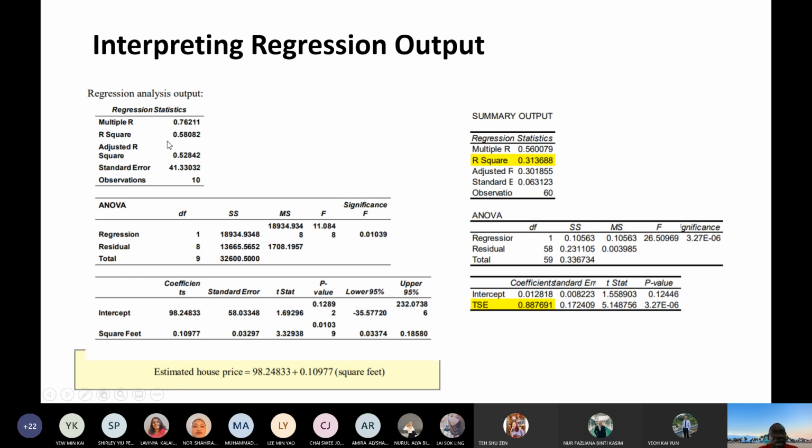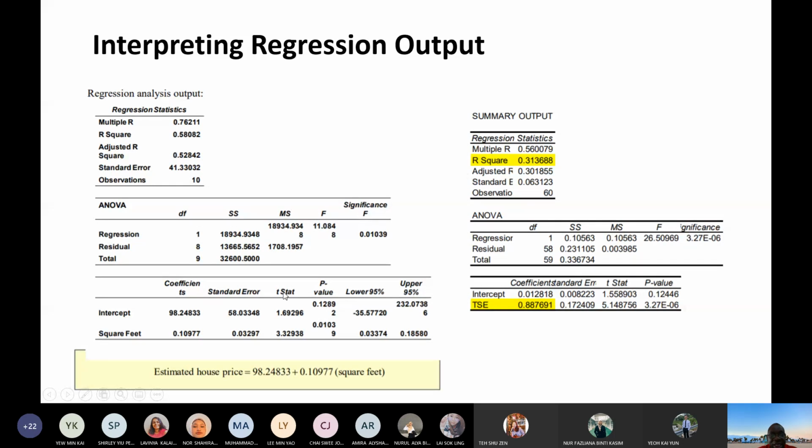This R square has meaning. The R square is saying that the variable under consideration is contributing 0.58, that means 58%, to the predicted variable. What we estimated there is the house price. We were looking at the house price and the square feet, that means the size and the house price.